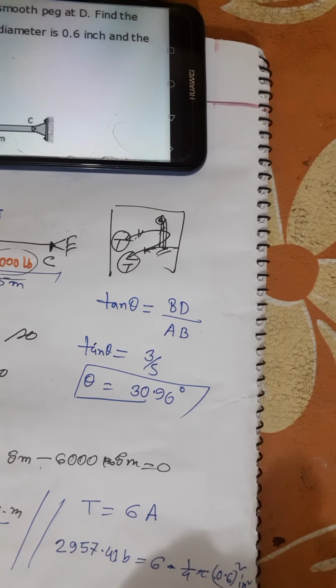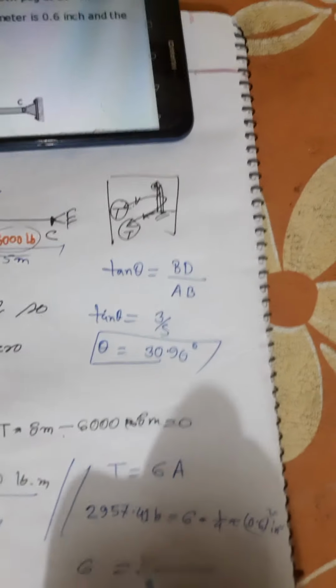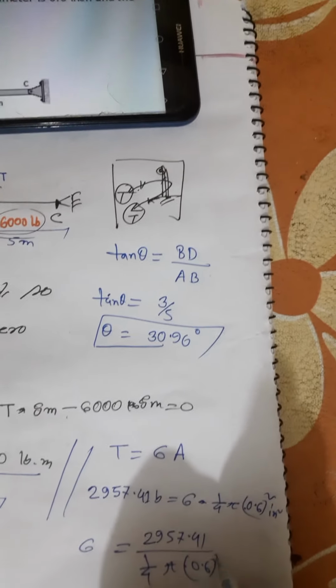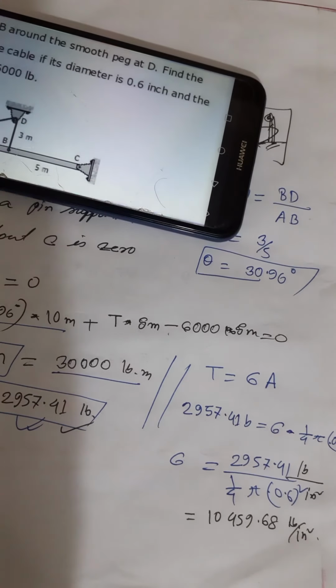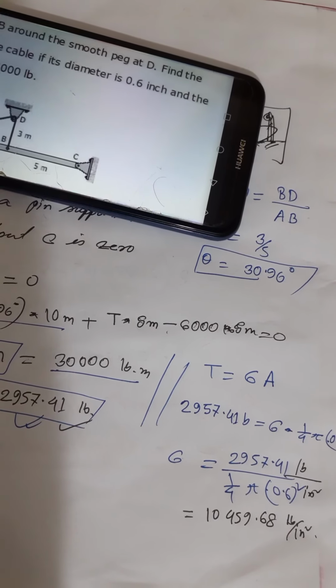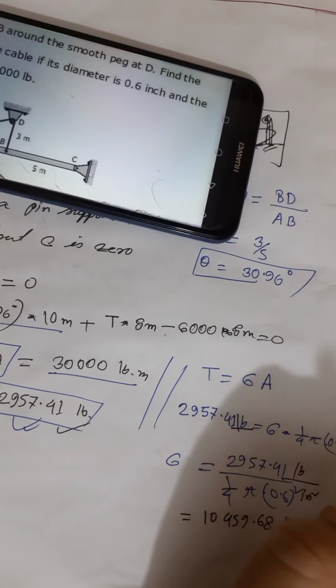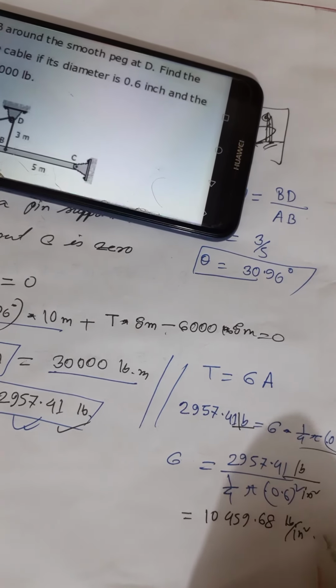So ultimately we can get sigma equal, by using calculator, we find the stress is 10,459.68 pound per inch square, as the unit of the force is pound and the unit of the cross section area is inch square, that is pound per inch square, or PSI.